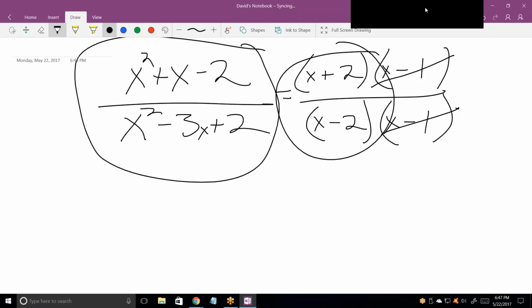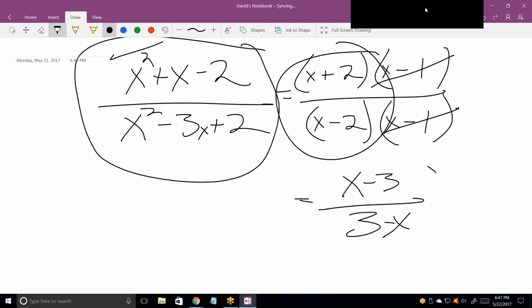So these kind of problems are all about finding linear factors that are the same, that you can cancel. There's only one difficult problem that you might run across, and that is something like this. What's that equal to? -1.